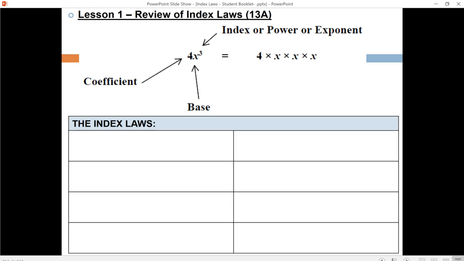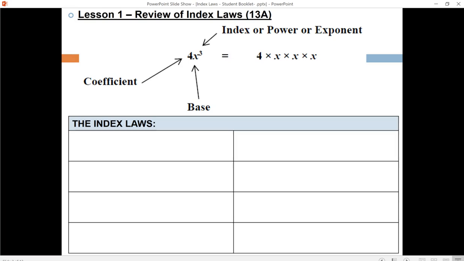You can call it an index, a power, or an exponent. You'll hear them interchanged. Now, this is just an efficient way of writing repeated multiplication. So x cubed means x times x times x, and the 4 just means we multiply x times x times x by 4.